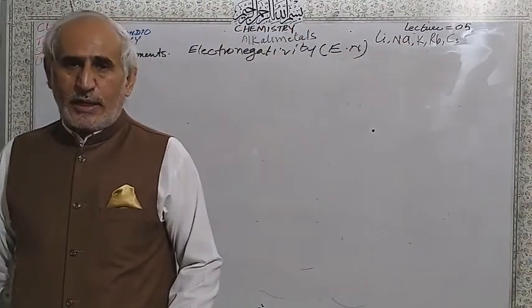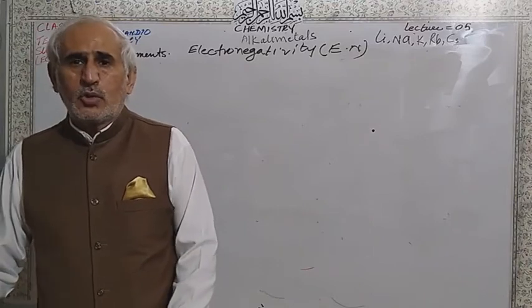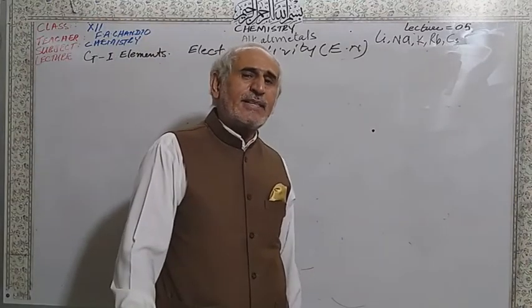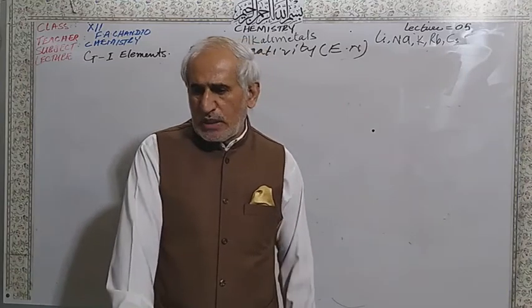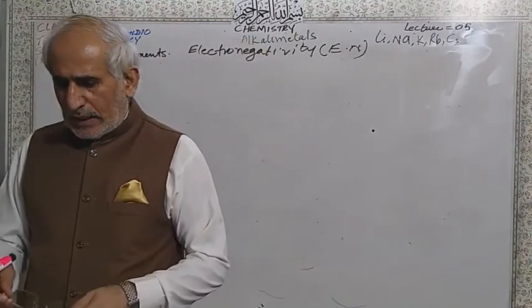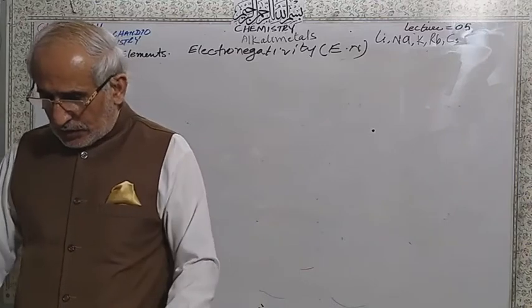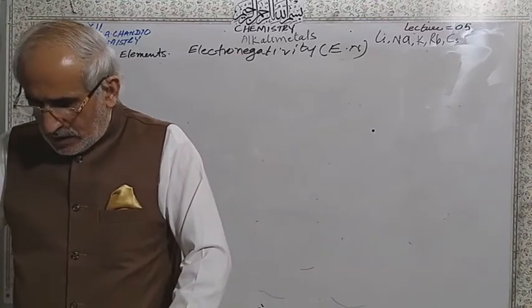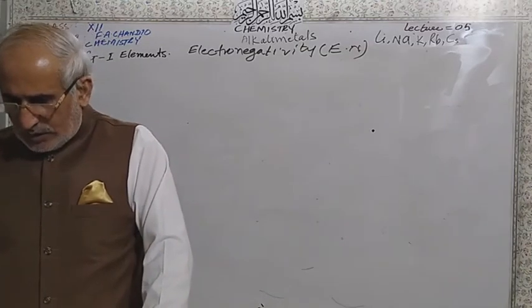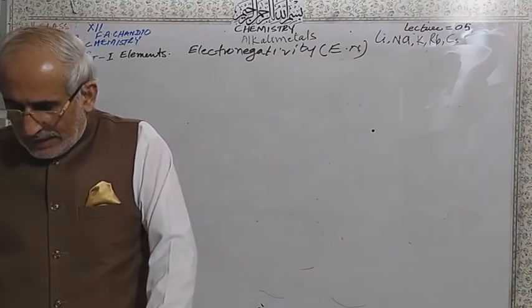You know alkali metals have only one electron in the valence shell, and as we go down the group, the number of shells increases. The distance from the nucleus to the outermost shell is very high, so they do not attract electrons. They are electropositive, not electronegative.